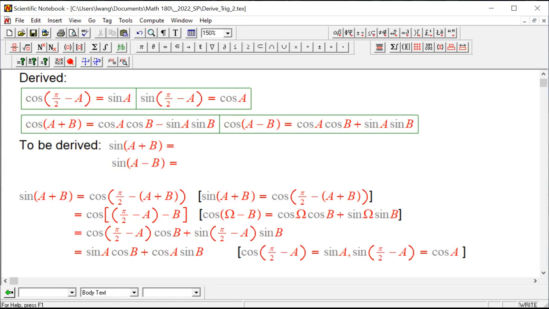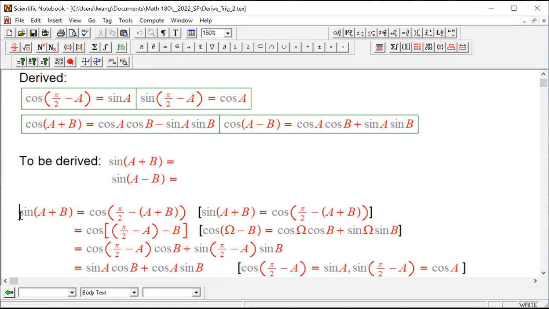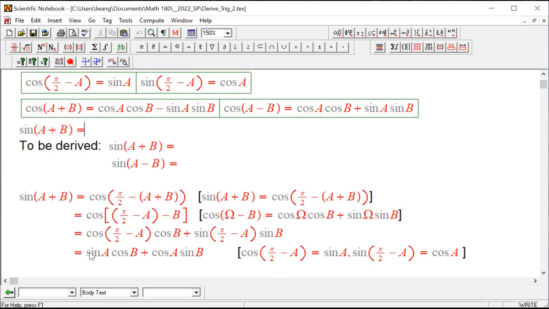So there we are. We have derived one more: sine of a plus b equals sine a cosine b plus cosine a sine b.